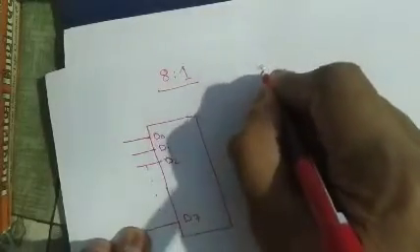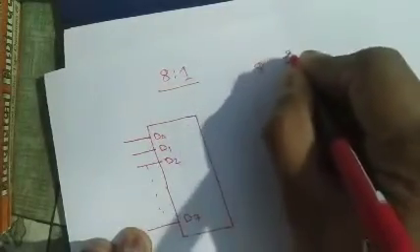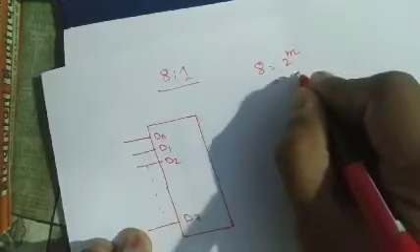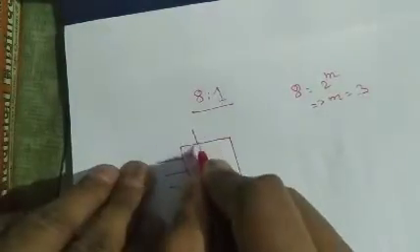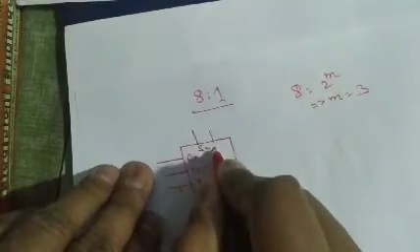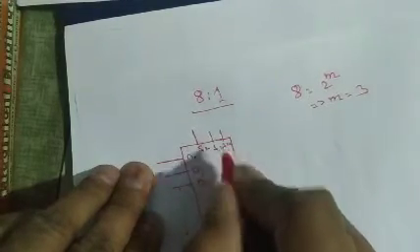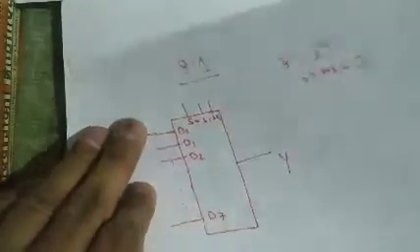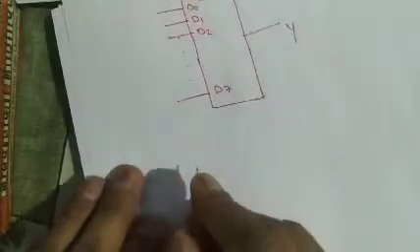How many select lines does it have? 8 equals 2 to the power m, so m will be equal to 3, hence it has 3 select lines: S2, S1 and S0. These are the 3 select lines and 1 output line, this is Y.